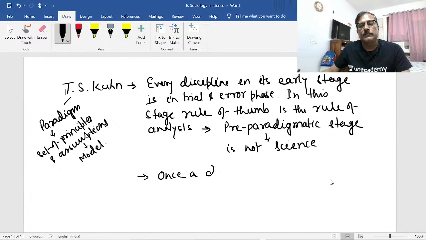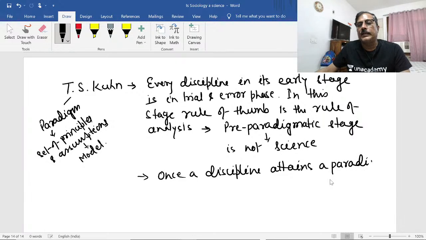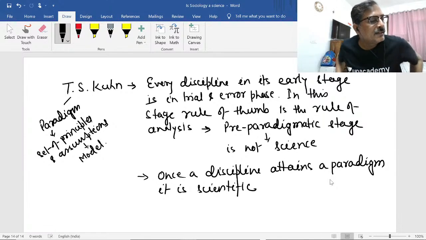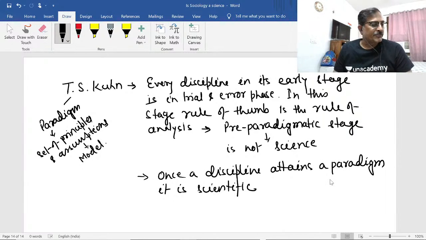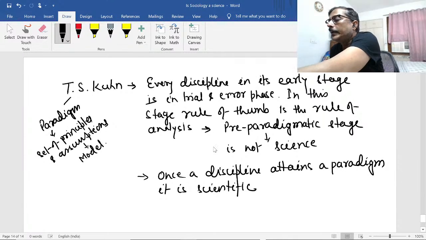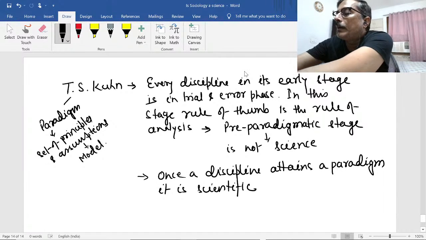Once a discipline attains a paradigm, it is scientific, or it has attained the status of science. So physics was also in pre-paradigmatic stage, astronomy was also in pre-paradigmatic stage, biology was also in pre-paradigmatic stage.